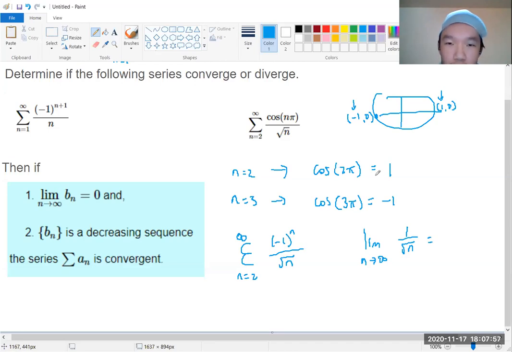Because cosine of 2 pi was 1, and cosine of 3 pi was -1, and cosine of 4 pi would be 1 again, and then it would just go back and forth. So I just rewrote it to make it look like an alternating series.